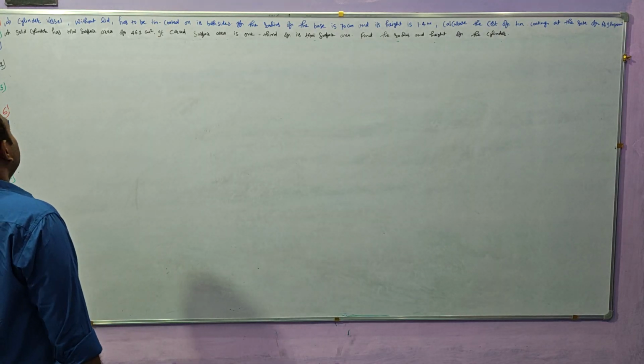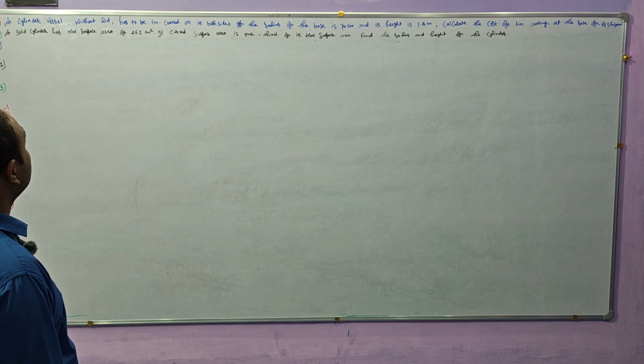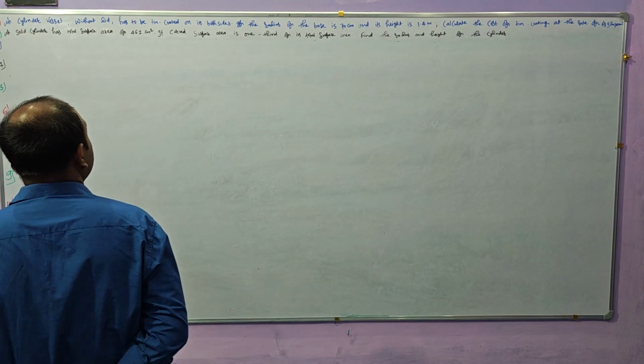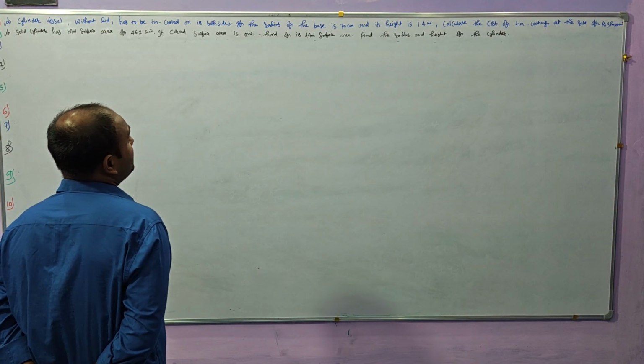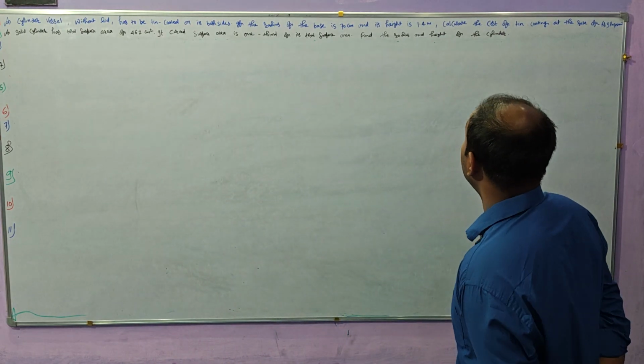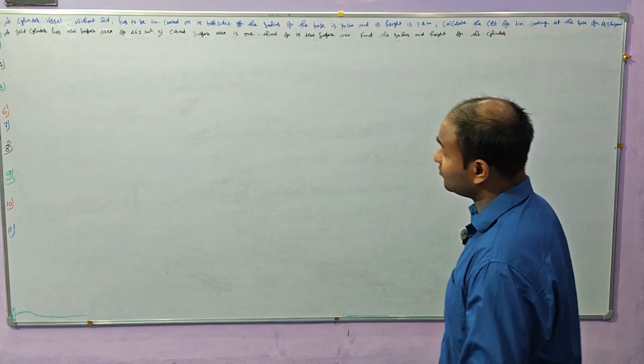A solid cylinder has a total surface area of 462 centimeter square. Its curved surface area is 1/3 of its total surface area. Find the radius and height of cylinder.